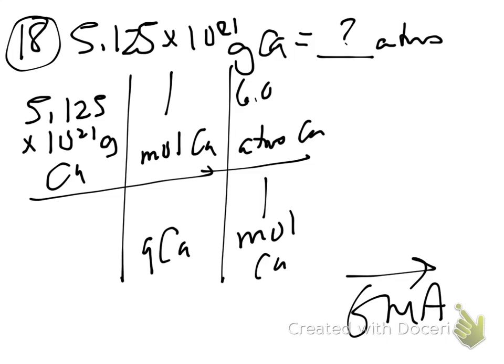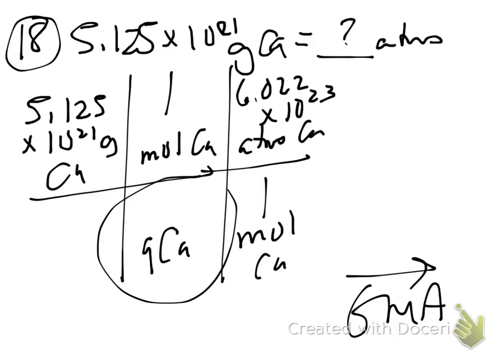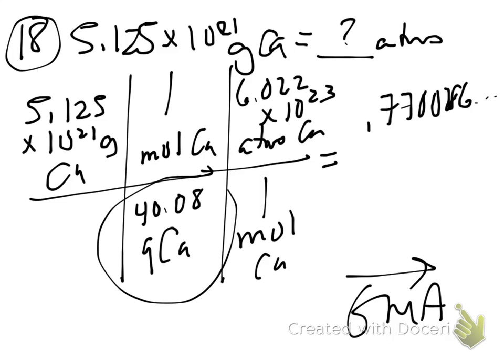Atoms gets a 6.022 times 10 to the 23rd, molar mass of calcium, 40.08. Good heavens, we've used that one a lot in the last few days. The raw answer that we get is 0.770028, etc., times 10 to the 21 plus 23, which might be someplace people screwed up.